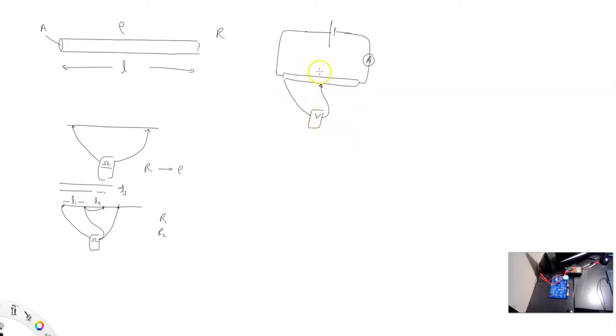Now I am measuring the voltage from this point to this point, and I have the current through the circuit. The current does not change, whatever that milliamperes or amperes, that does not change, right? When I measure the voltage, this whole wire is a resistor, right? So inside there is a resistor.